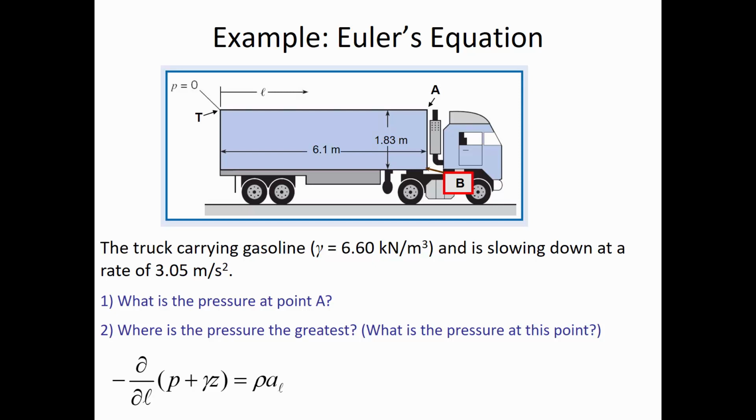No. You can calculate the density of the gasoline from the unit weight divided by g. So if the gasoline is 6,600 newtons per meter cubed, and you divide by 9.81 meters per second squared, then the density is 672.8 kilograms per cubic meter.